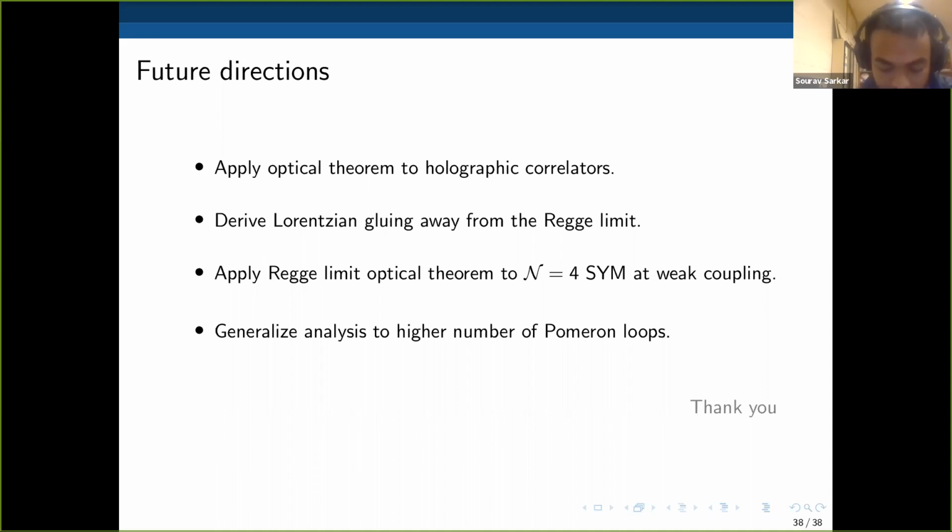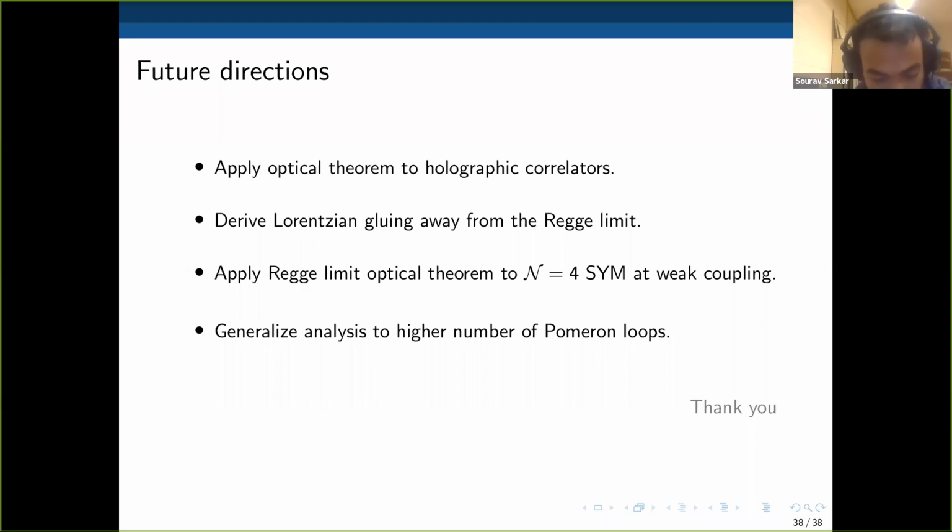And then one more question that we should answer is that when we took the optical theorem to the Regge limit, the form that we presented really assumes the Regge limit, but we would like to ideally derive a Lorentzian unitarity in general that is away from the Regge limit.